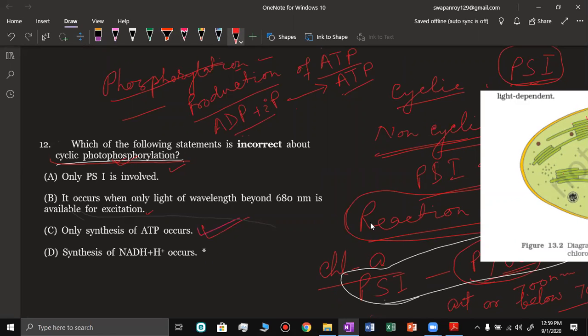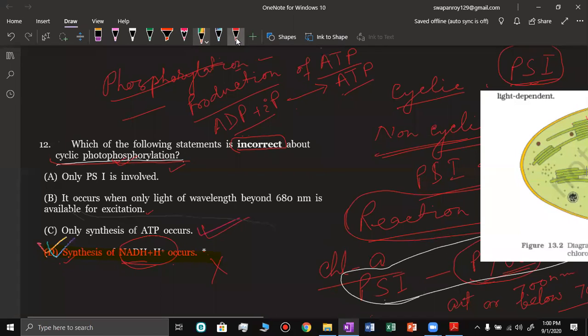In the light reaction in cyclic photophosphorylation, NADH2 synthesis does not take place. So we have to select the incorrect statement. For the cyclic photophosphorylation, the incorrect statement is that NADH2 synthesis occurs. This is the answer.